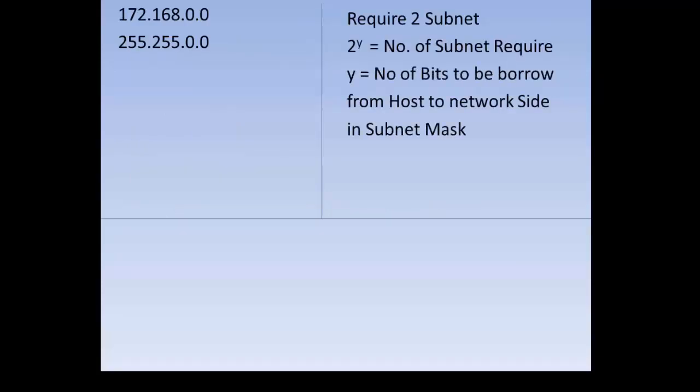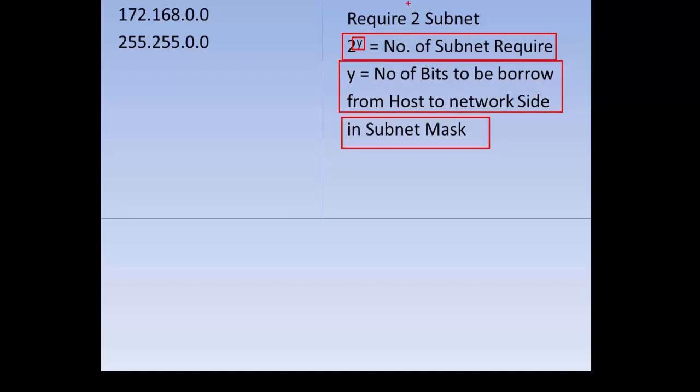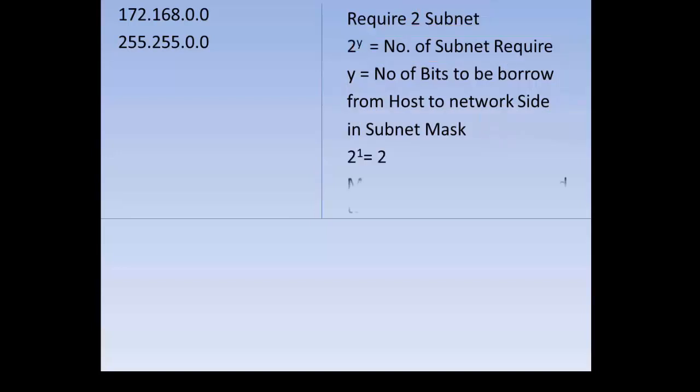If you remember, the process is the same. We use the formula 2 raised to power y. What is y? Y is the number of bits to be borrowed from the host side to the network side in a subnet mask. My requirement is 2 subnets, so I need to borrow only 1 bit from host to network side.